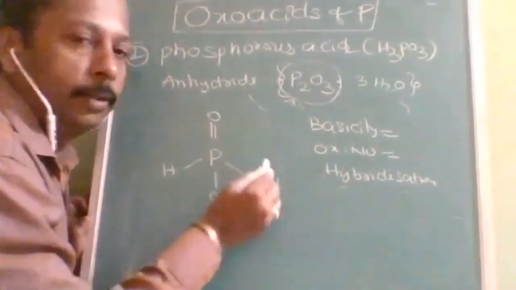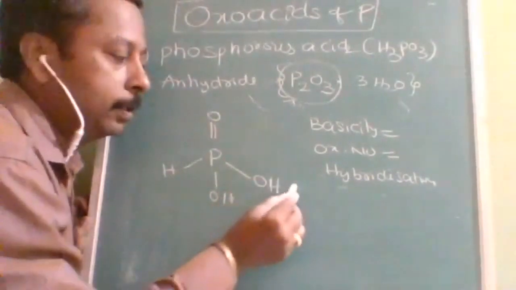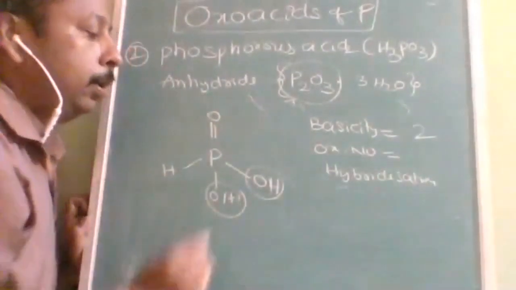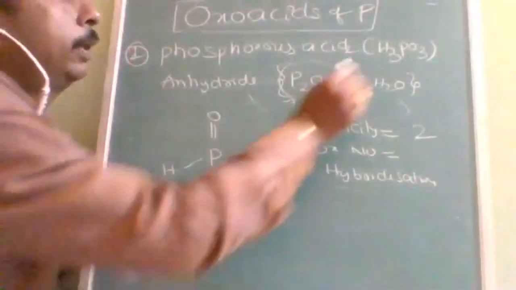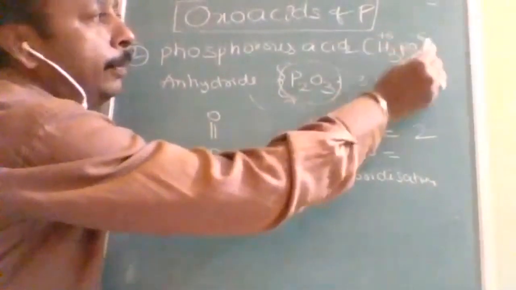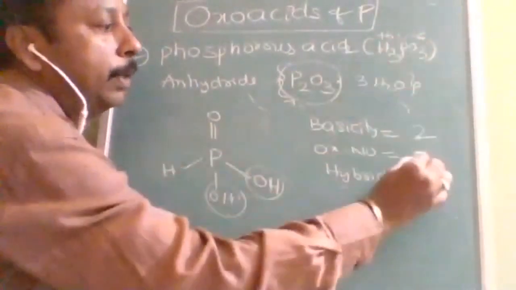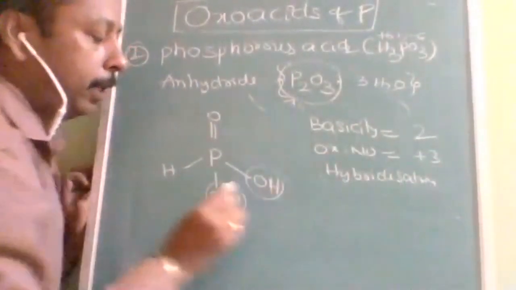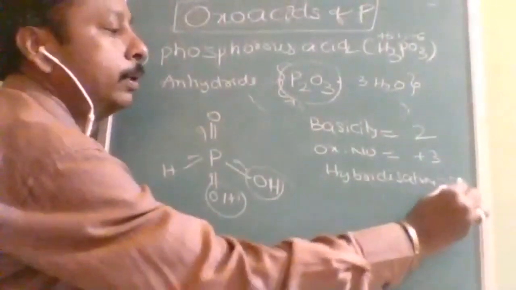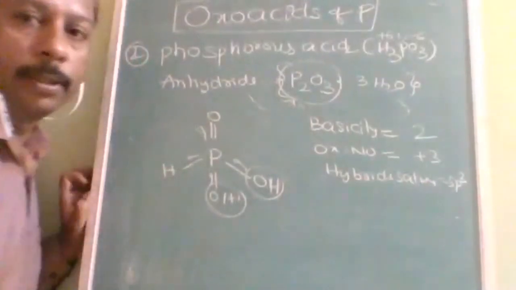As I told you in the previous example, basicity is decided by the number of OH. So basicity is how much? 2. Oxidation number you can calculate: minus 6 and plus 3, 3 oxygens, so it will be plus 3. Hybridization is 4 sigma bonds, so hybridization is going to be sp3.